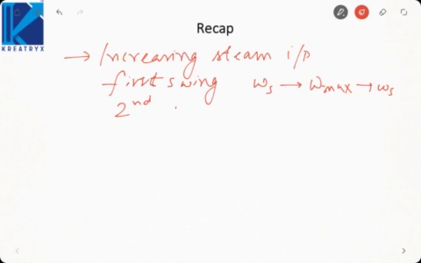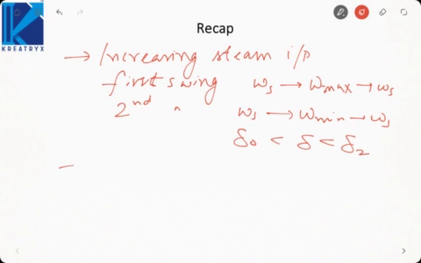In the second swing it was omega s to omega min to again omega s. That is, the speed of the shaft will keep on oscillating. Similarly, the delta was keeping on oscillating between the two values, delta naught up to delta 2.